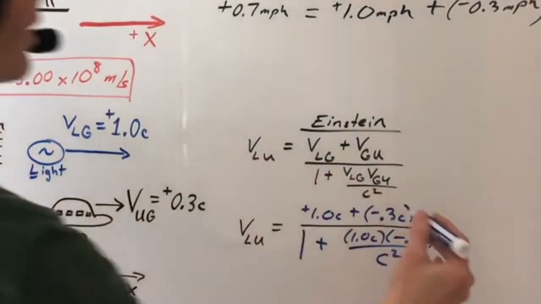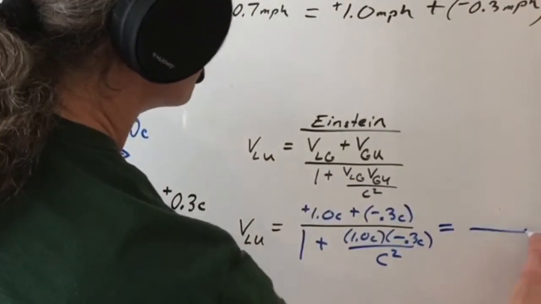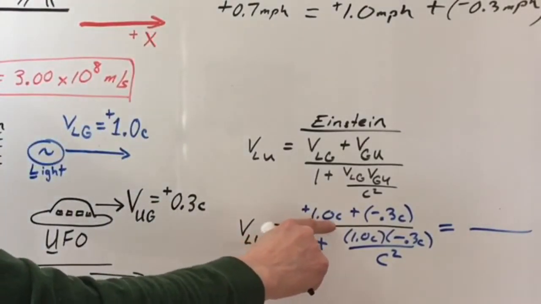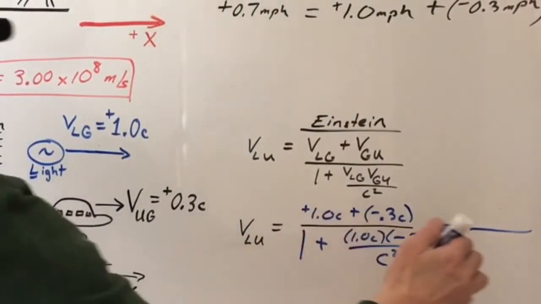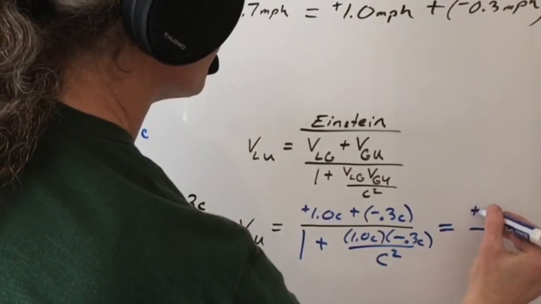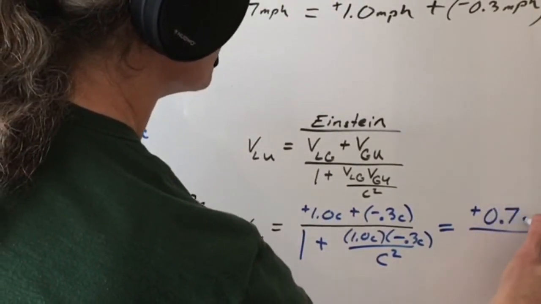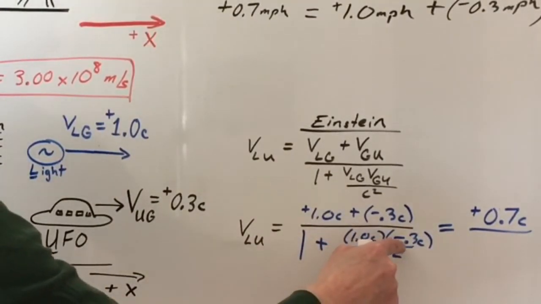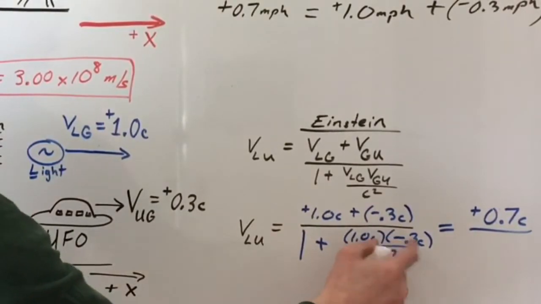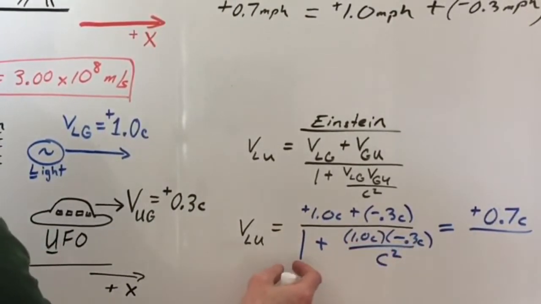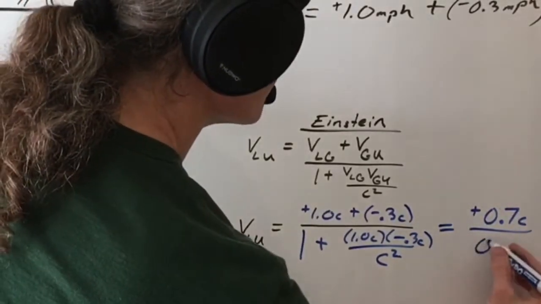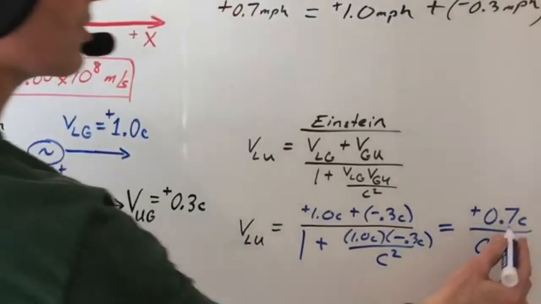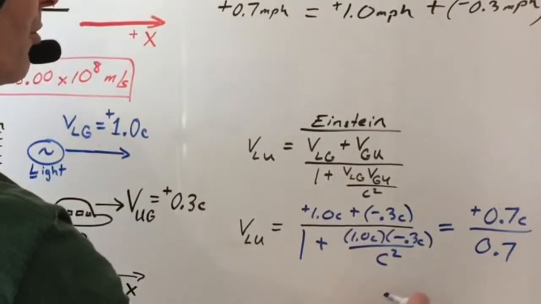So let's see what we get. 1c plus a negative 0.3 c gives me plus 0.7 c. And then look at the denominator. I'm going to have c times c divided by c squared, so all those c's will cancel. I'll have 1 times a negative 0.3, which gives me negative 0.3. Then I'll have negative 0.3 plus 1, which will give me 0.7. So I get 0.7 c divided by 0.7.